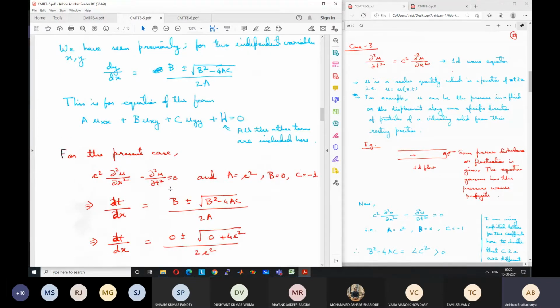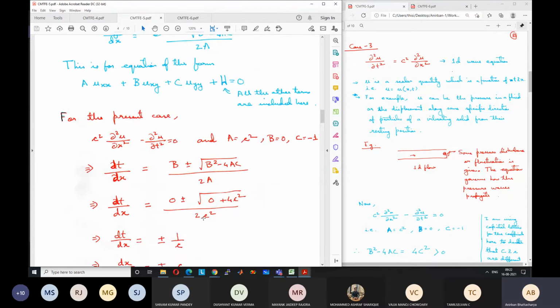So dt dx is equal to minus b plus minus root over b square minus 4ac by 2a, and you can replace b equal to 0. So 0 plus minus root of 0 minus 4 into c square into -1, so plus 4c square, by 2a, which is again 2c square.